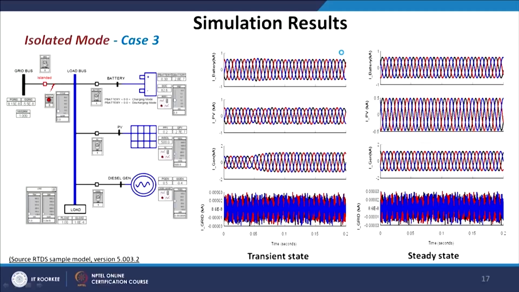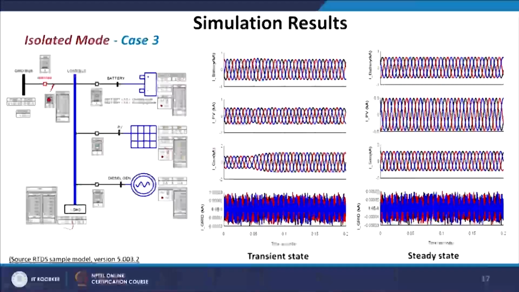Now, the final one is the isolated mode of operation, case 3. Very interestingly, I have already mentioned this in the past and now I am repeating the same sentence again. We allow the load to increase from 0.5 to 1, the grid is disconnected, and my PV is not operating at MPPT, meaning I am getting 0.2 unit of power from my PV, and the load is 1.